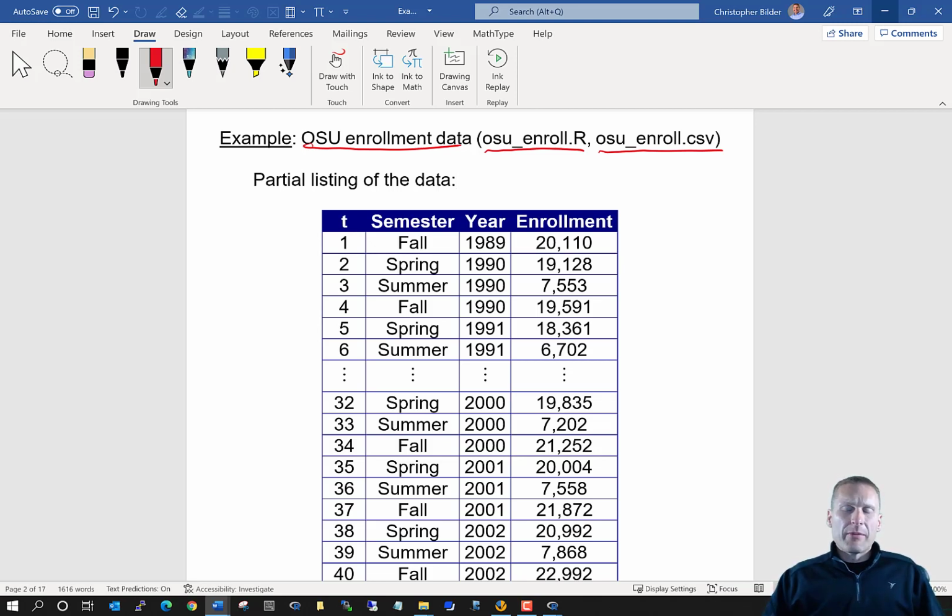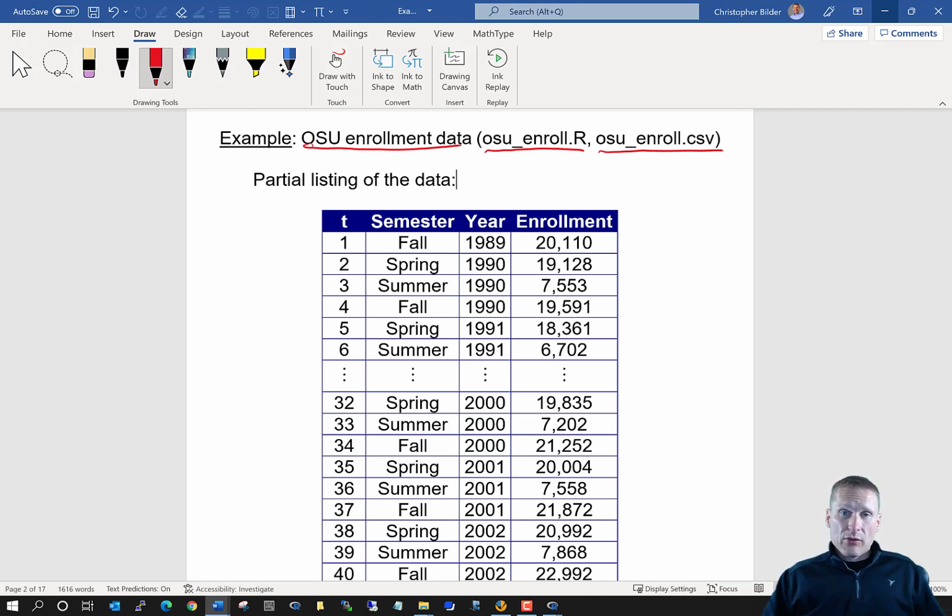So my first job out of graduate school was as an assistant professor in the Department of Statistics at Oklahoma State University. When I was there, they had a problem where the administration forecasted too high what enrollment was going to be.